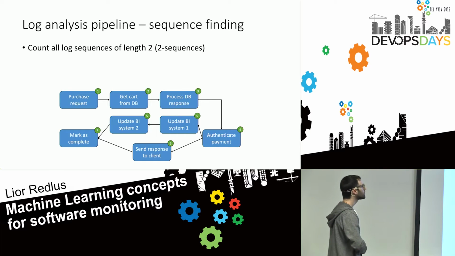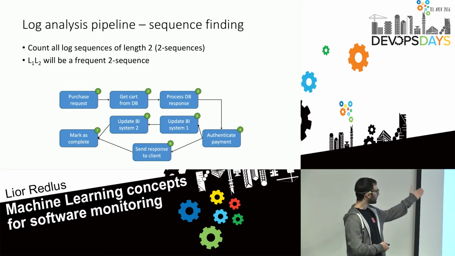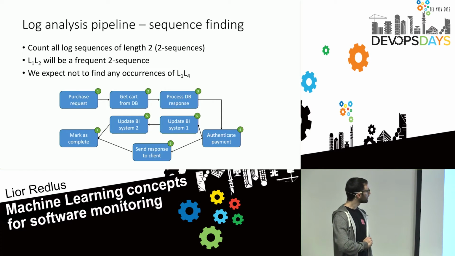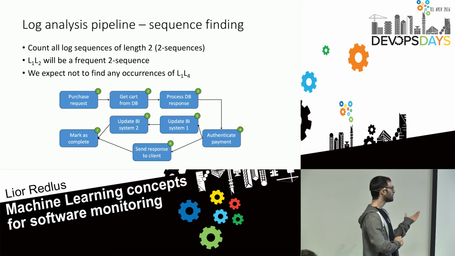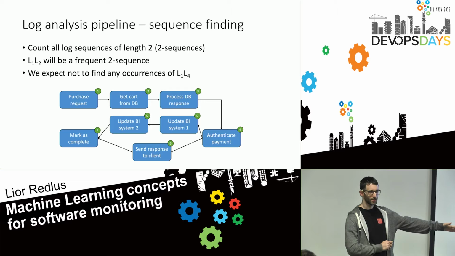And now we want to count all the sequences of length 2. We'll call them 2 sequences. L1, the log template 1, and log template 2, the purchase and get cart, are a frequent 2 sequence. And we expect to never see, or almost never see, a 2 sequence which comprises of purchase request and authenticate payment.